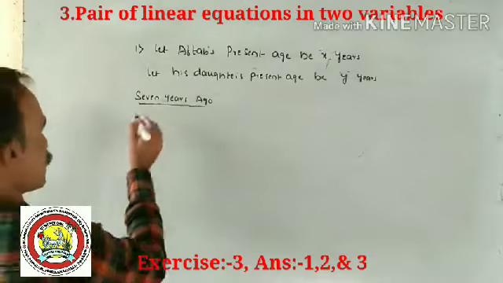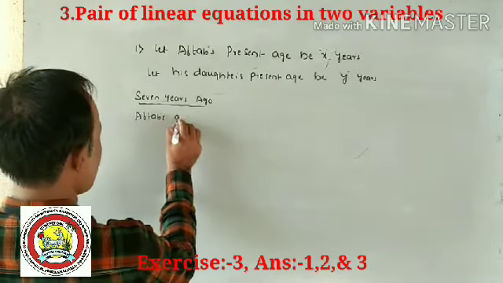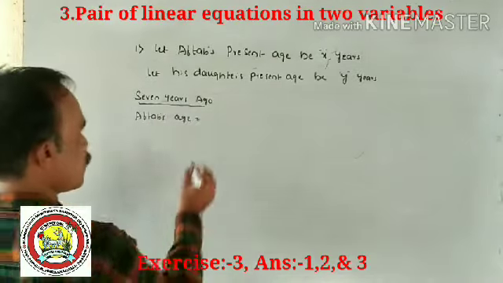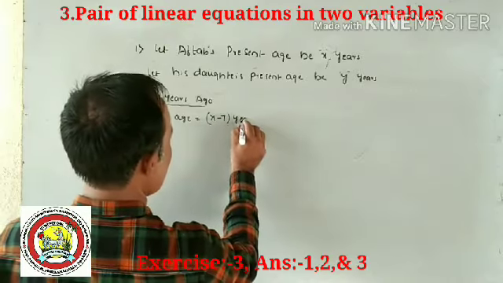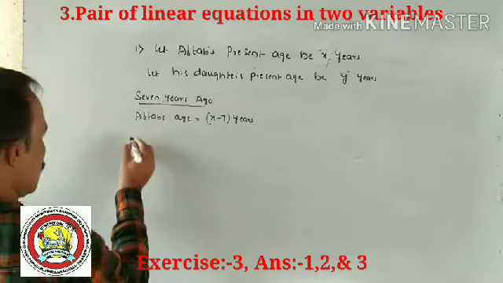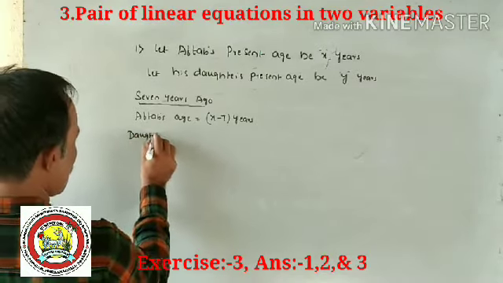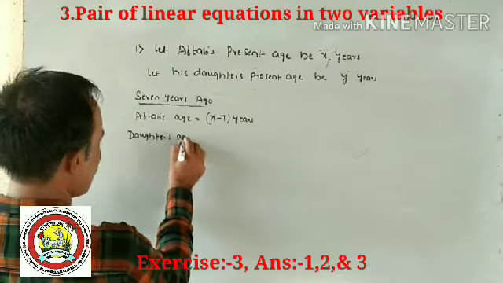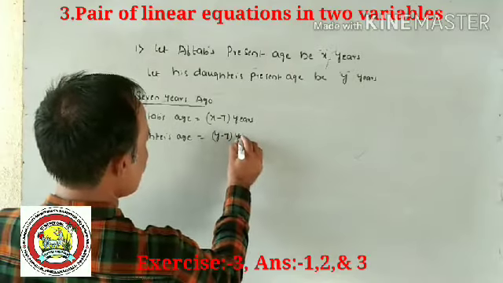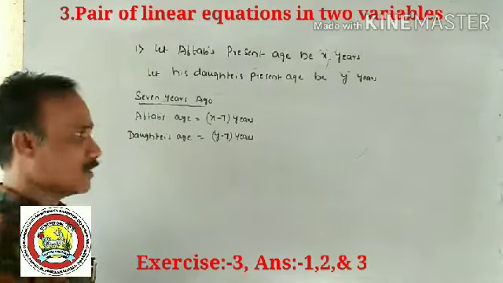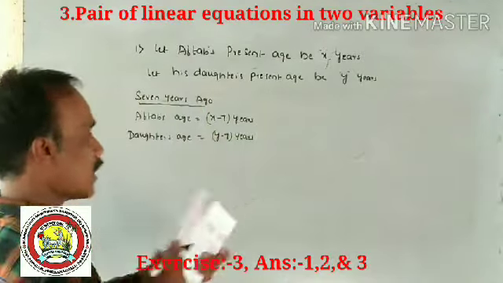What about Aftab's age 7 years ago? Now x, 7 years ago, that is x minus 7 years. Next, the daughter's age is y minus 7 years. Now the condition is given: I was 7 times as old as you.